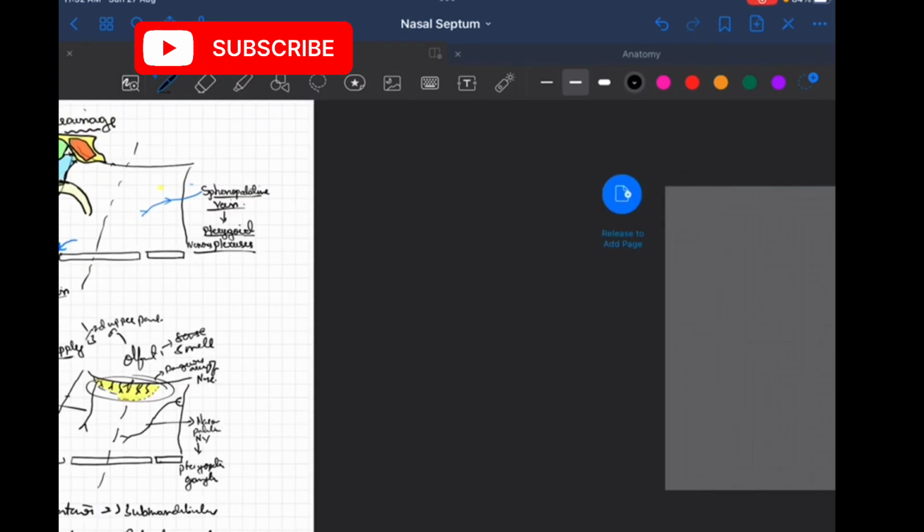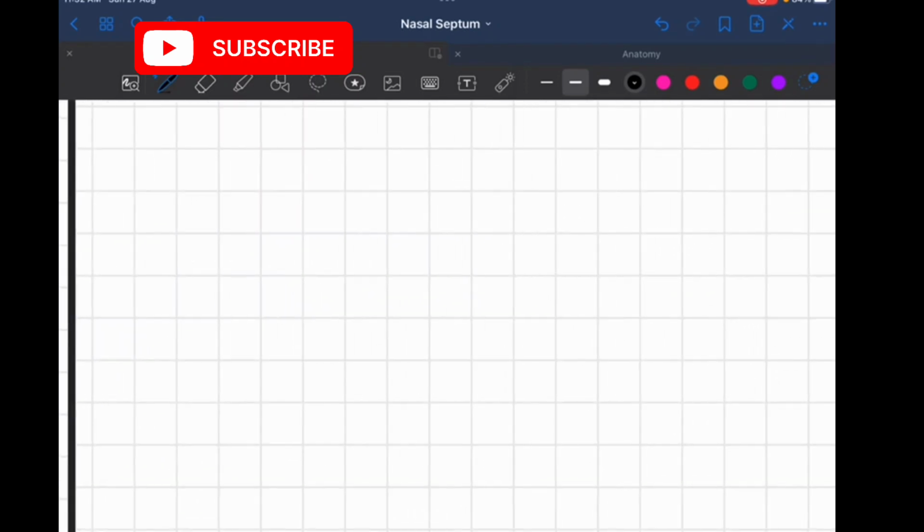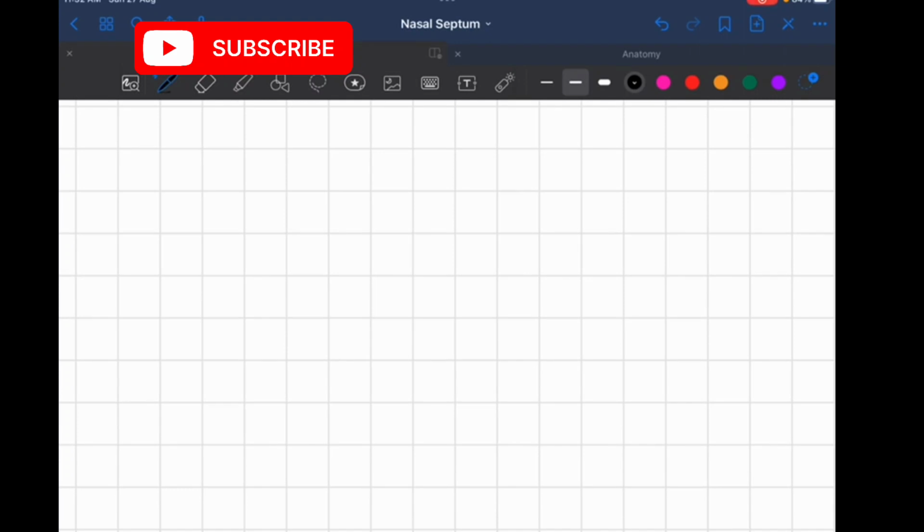Let us revise in 2 minutes about the nasal septum. The septum consists of 3 parts: columella, membranous septum, and septum proper. Here we have to mainly focus on septum proper. Septum proper has a cartilaginous part and a bony part.